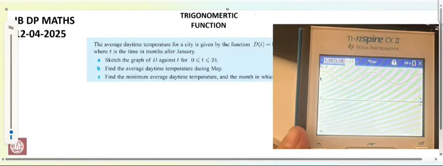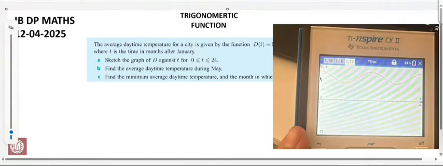Now it says find the average daytime temperature during May. We can simply substitute the value for T to find the temperature in May. So you have to work out what value T will be for May. The question says after January, so this function represents temperature after January.